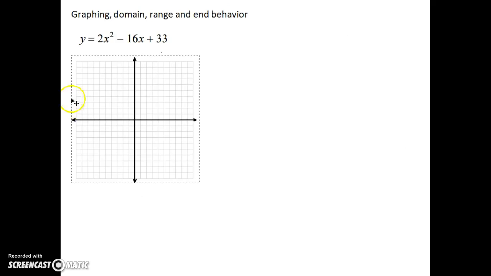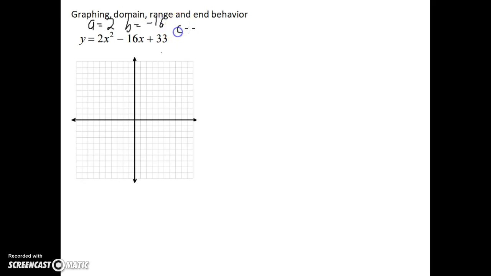And let's look at one more example. So same basic idea. We want to label our a, b, and c. So a is 2, b is negative 16, c is 33. Okay.